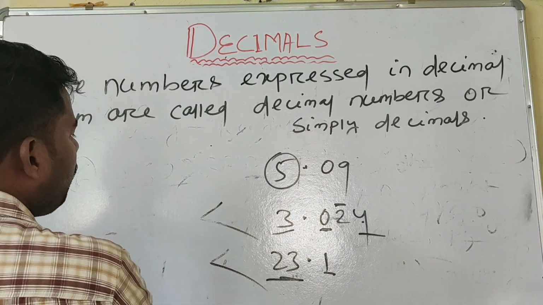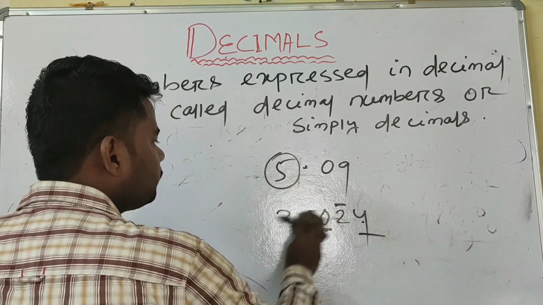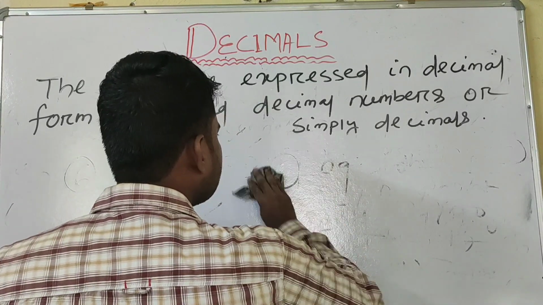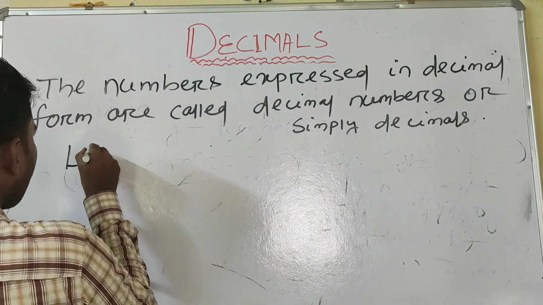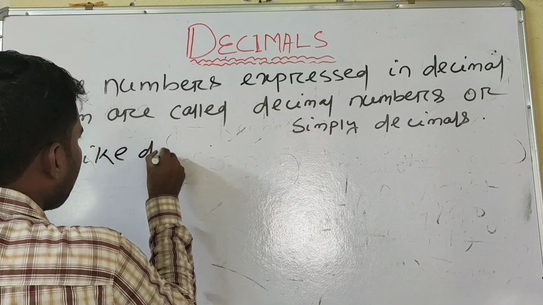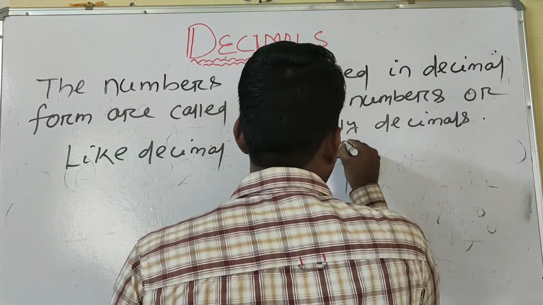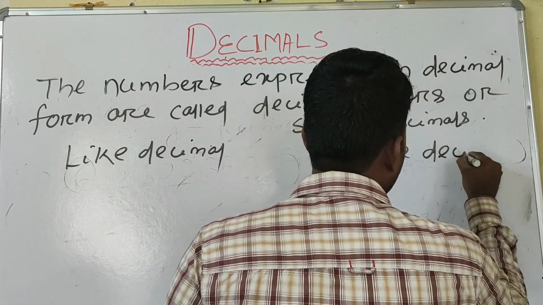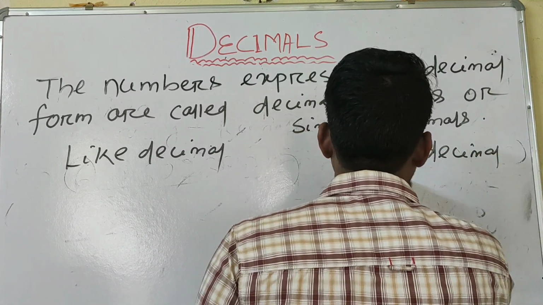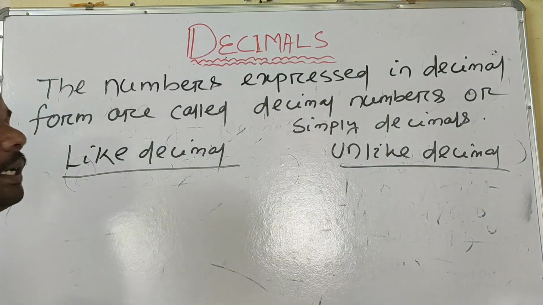Now we will learn about like decimals and unlike decimals. So what are like decimals and unlike decimals?